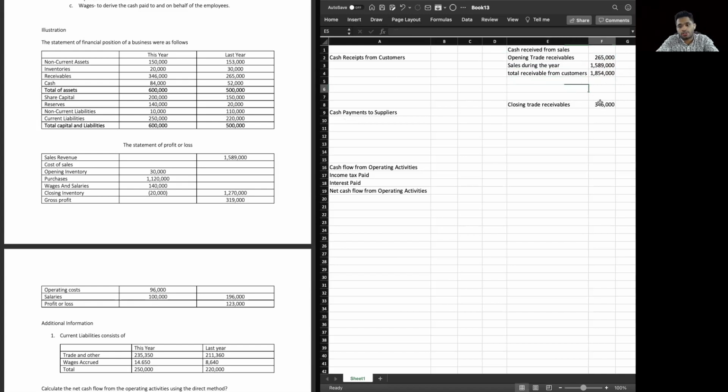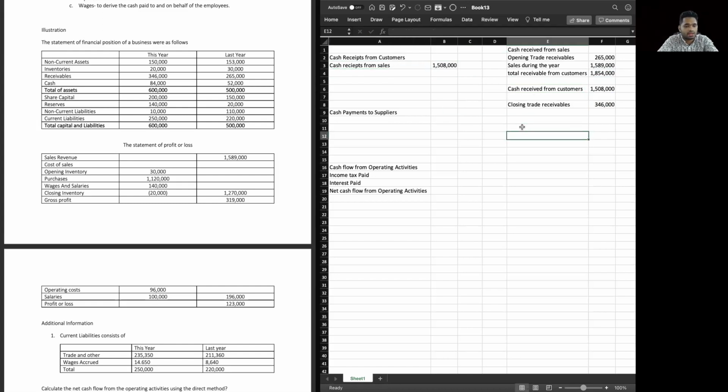Now, your closing trade receivables balance is 346,000. So the difference between these is the cash received from customers. 1,854,000 minus 346,000, 1,508,000 is going to be the cash received from your sales or from your customers. So cash receipts from sales is going to be 1,508,000.